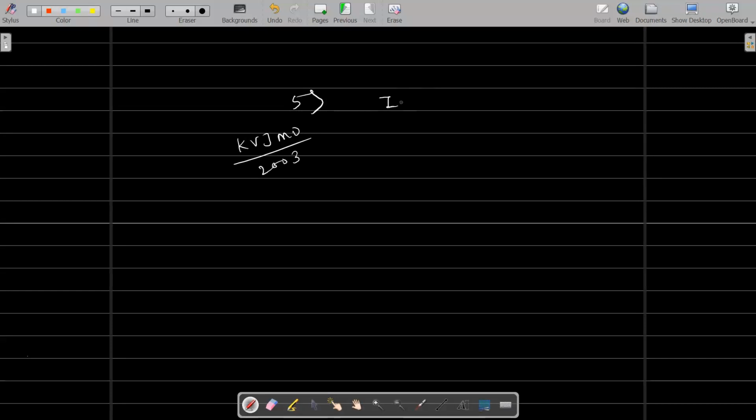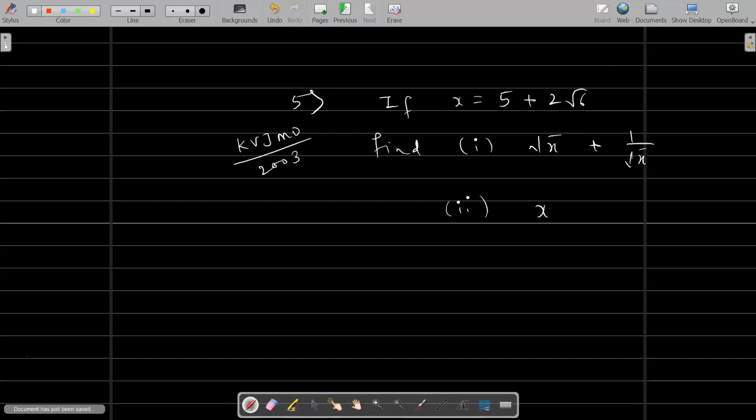If x is 5 plus 2 root 6, obviously x is greater than 0, find first, root x plus 1 by root x, and second, x cube plus 1 by x cube.